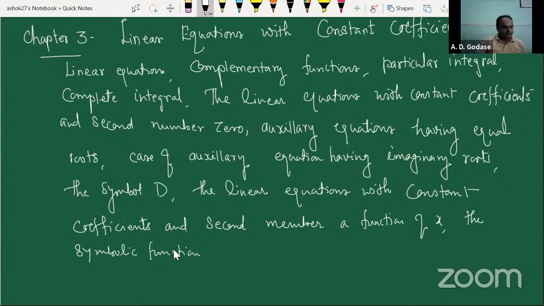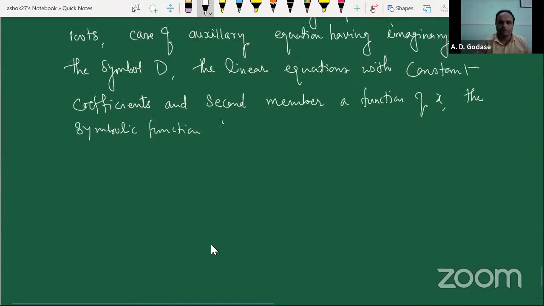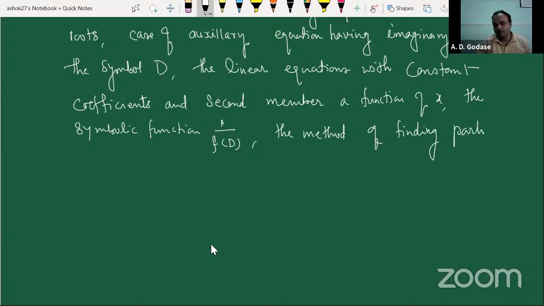So next, the symbolic function 1 upon f of D. Next, the method of finding particular integral.